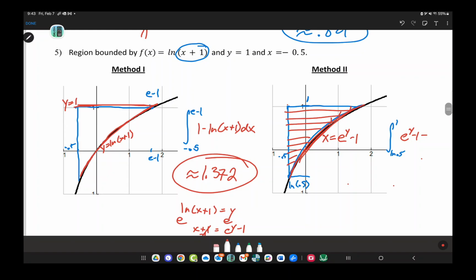This function is greater than what? x equal to negative 0.5. Now you can simplify this, because what happens when you subtract negative 0.5? You get plus 0.5, and what is 1 plus 0.5? Wait, why did you write ln? e to the y minus 1.